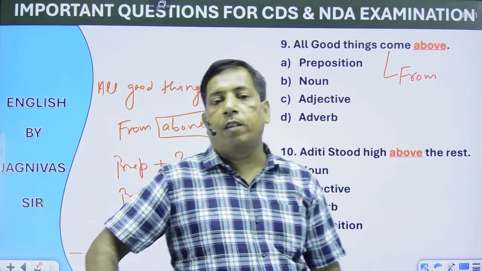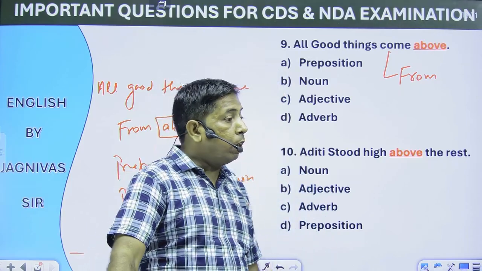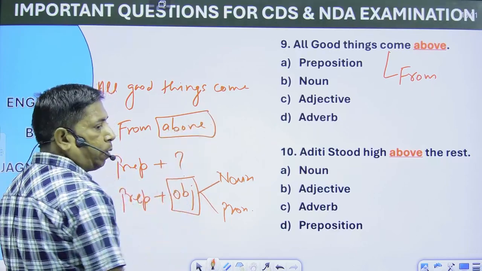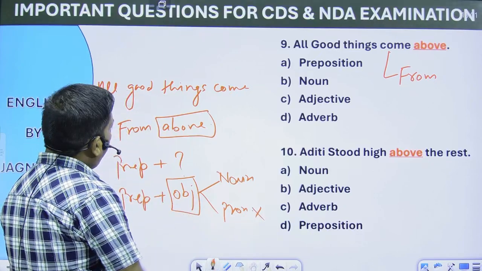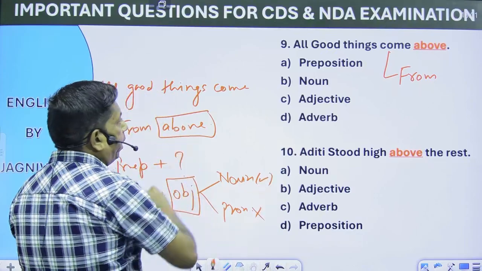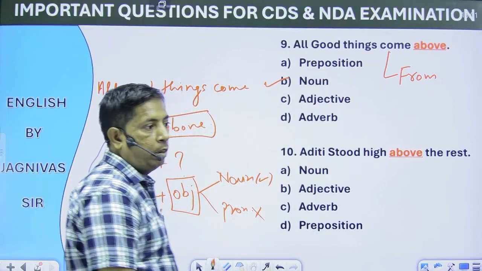Who can be object? Tell me. Either it is a noun or a pronoun. So you can know this above is not a pronoun. So in this sentence, the part of speech of above is noun.